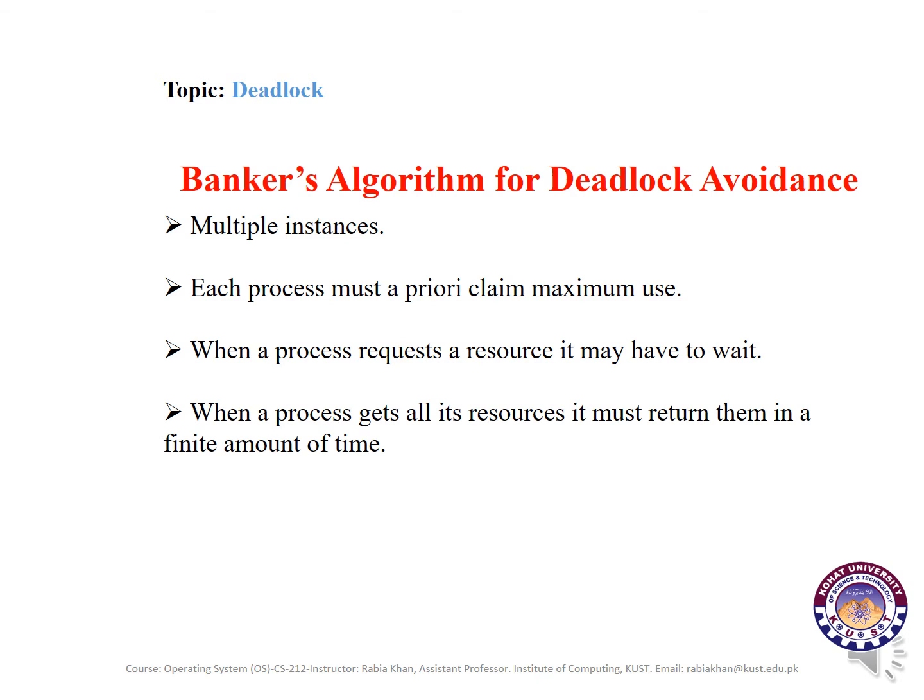When a request is submitted by a process, if the resource cannot be immediately assigned, the process may have to wait. When a process gets all its required resources, the process must return all of them after utilization in a predefined time.